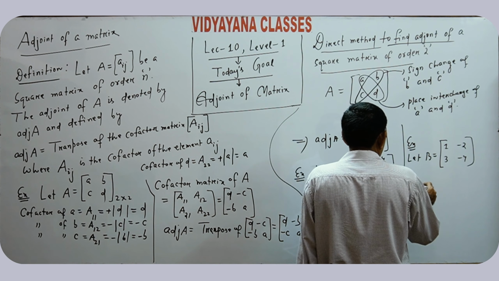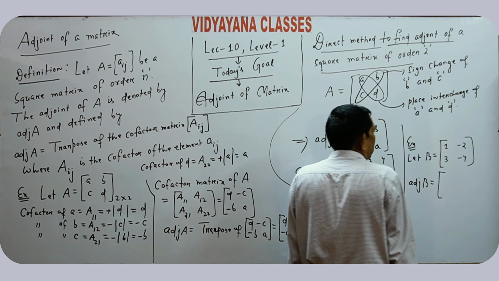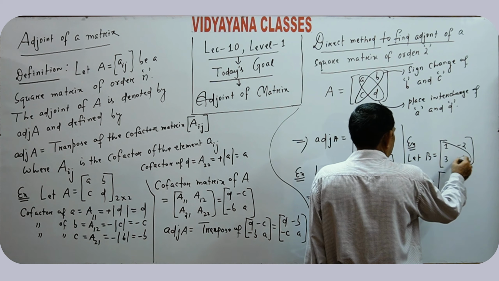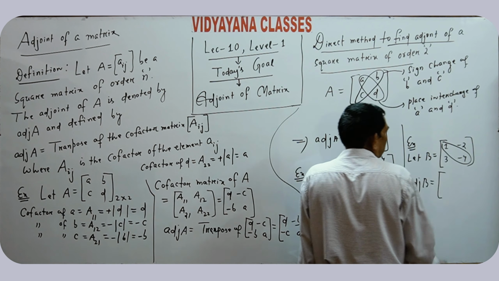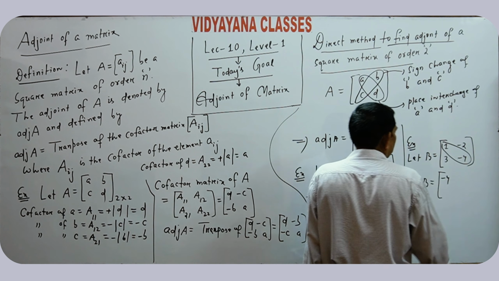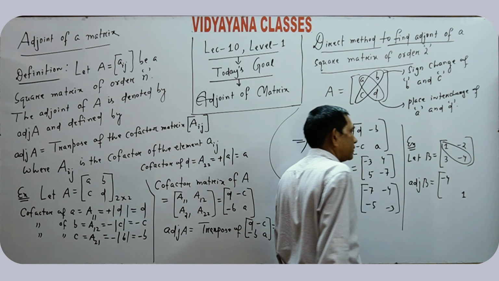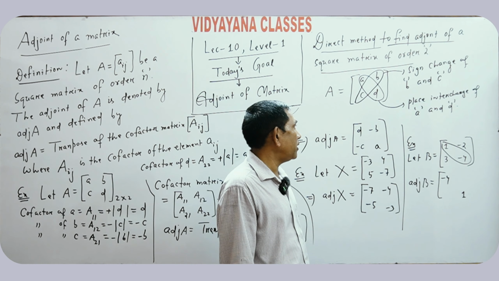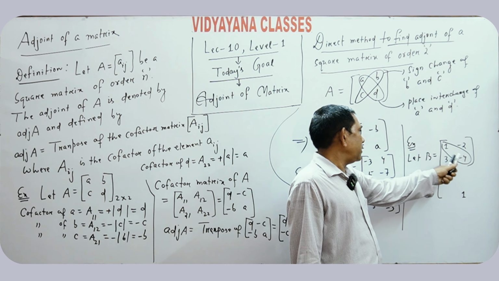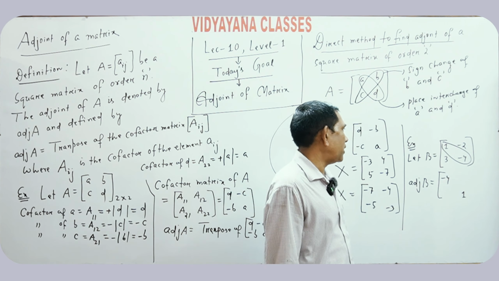Adjoint B: place interchange of the diagonal elements. 1 is replaced by minus 4 and minus 4 is replaced by 1.